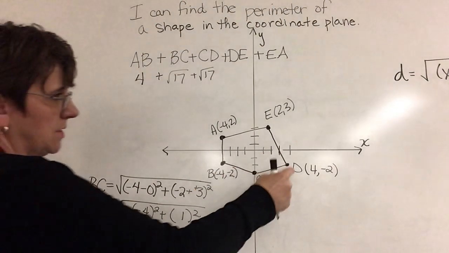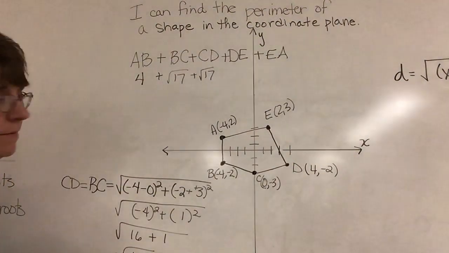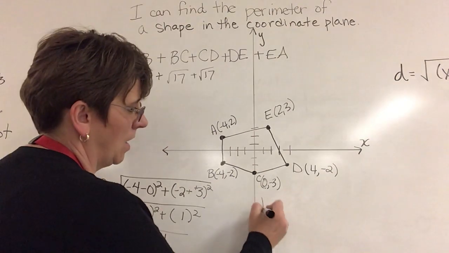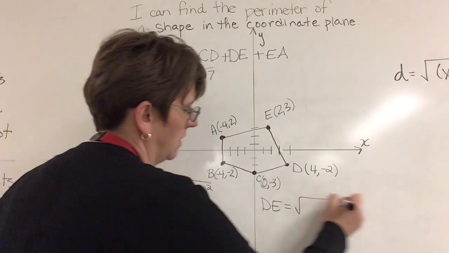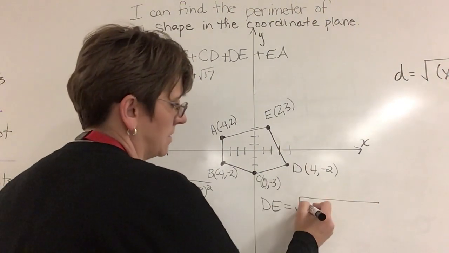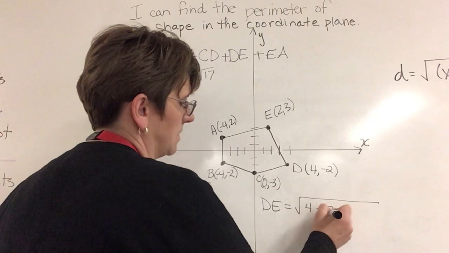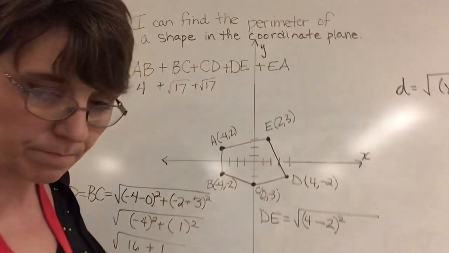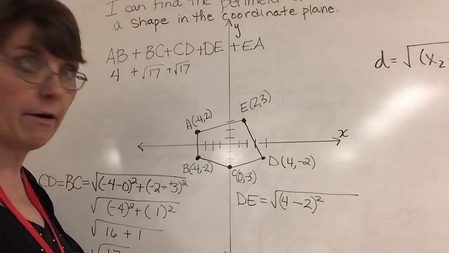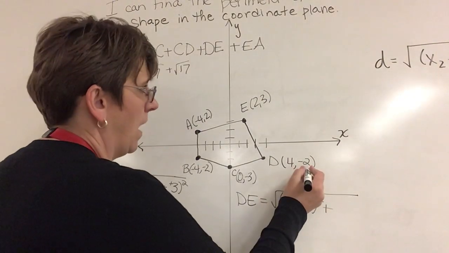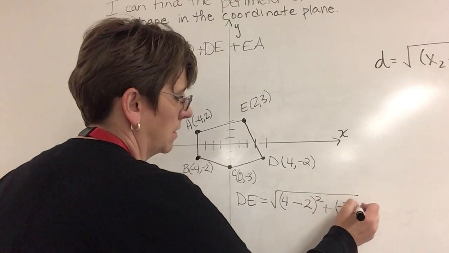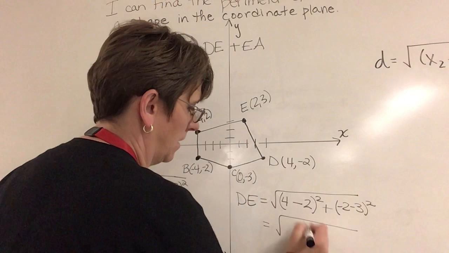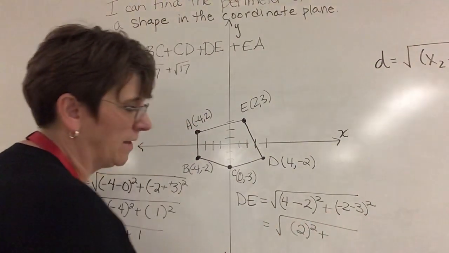Okay, now I have to do the distance formula for the length of DE, and then I'll have to do it separately for EA because they won't have the same measure. DE, x minus x. It does not matter which one you put first. Y minus y. So 4 minus 2 is 2.